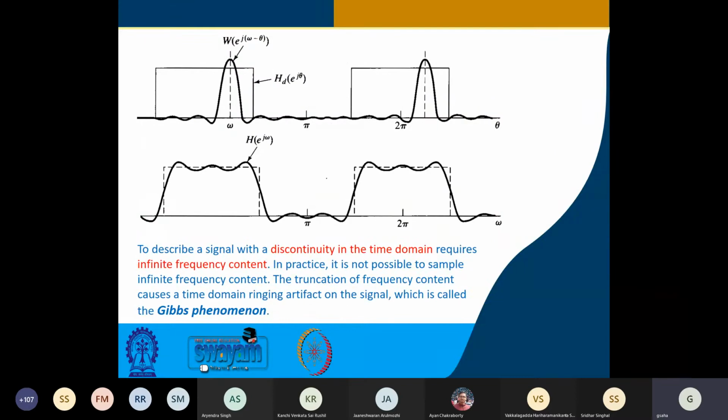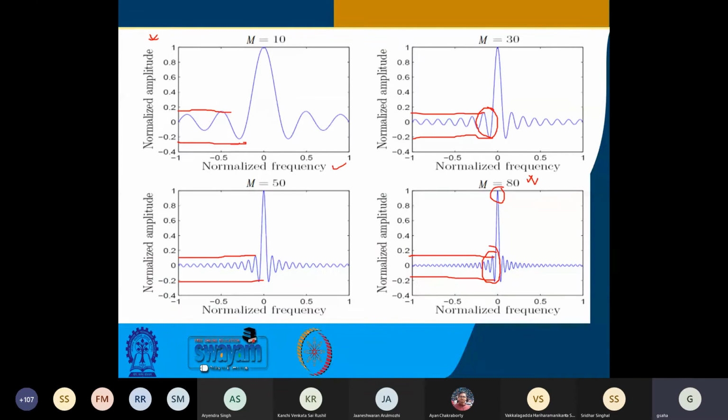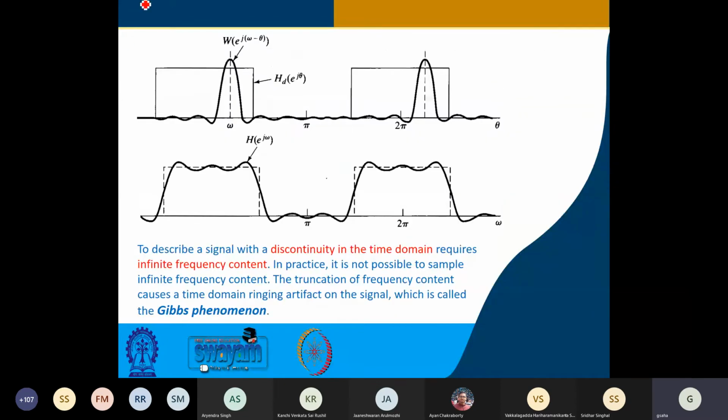So we are looking at one such instance of the convolution, where we have already seen W e to the power j omega before. So this is W e to the power j omega minus theta for a specific value of omega. Okay.